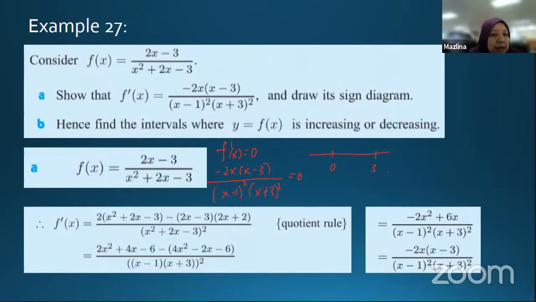Okay, another one. How many vertical asymptotes do we have here from this curve? 2. Yes, 2. So one we see is at x equals to negative 3, and the other one is x equals to 1. Okay, alright, sorry.